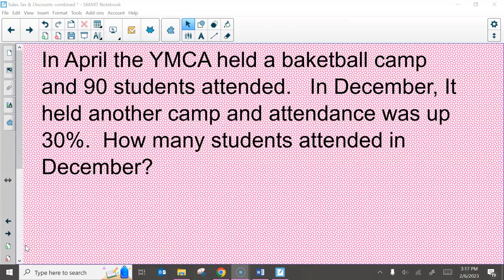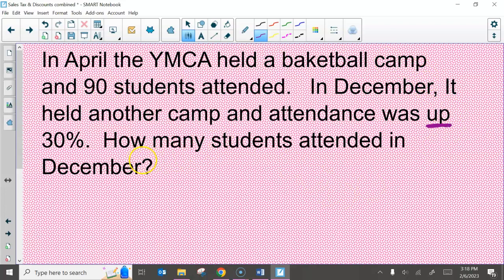Okay, so let's dig a little deeper at this. We know that there were 90 students from the first camp, but attendance was up 30%, right? So that's going to tell us that it is higher than the 90 that was originally there. It's higher, it is more.